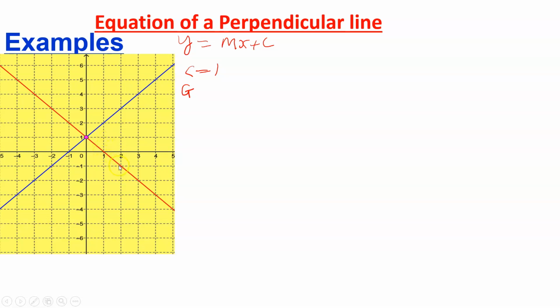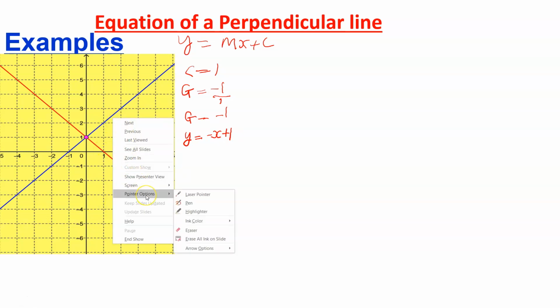So in the y direction I go down by 1, and in the x direction I take 1. Together that gives minus 1. Now, what is the equation? The equation is y equals minus 1 times x, plus the intercept, which is 1. So that's the red line.